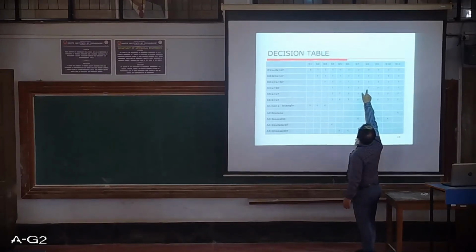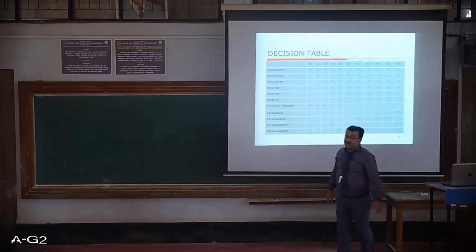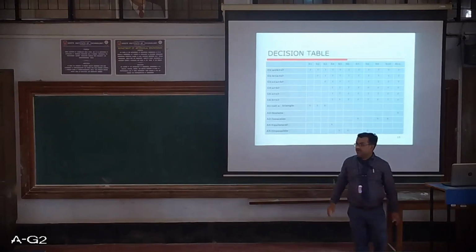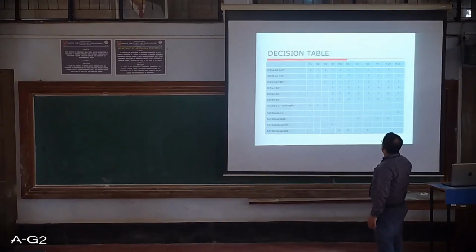Similarly here also. But the rule 7, what does rule 7 say? The first condition A equal to B is true, that is the C4 condition is true, because the above three are anyway true.